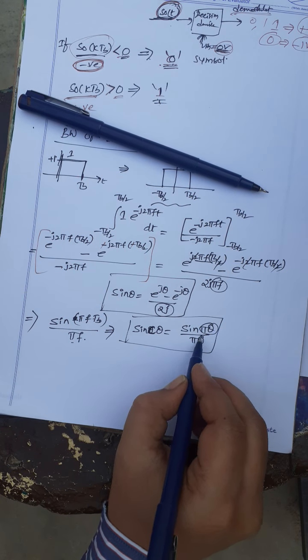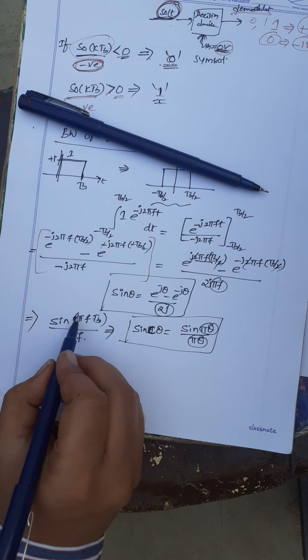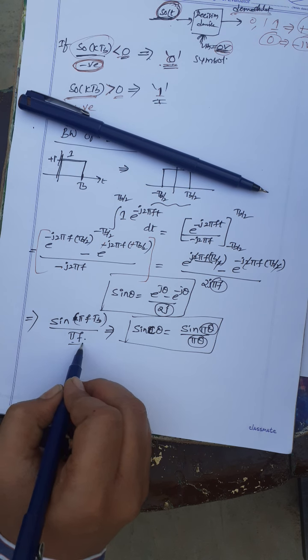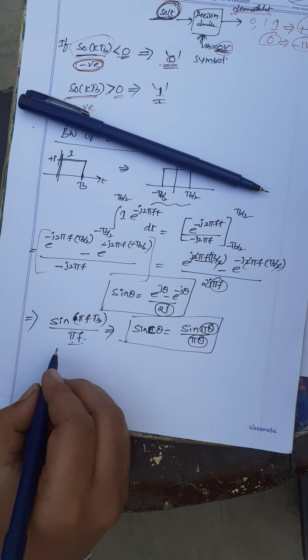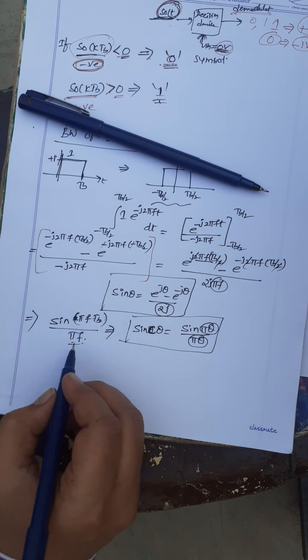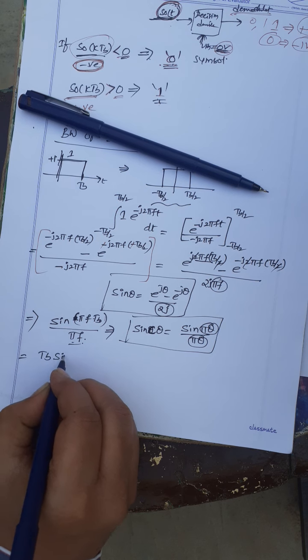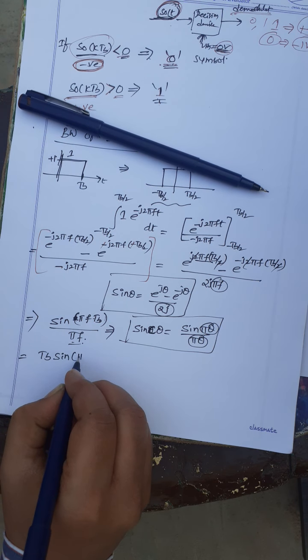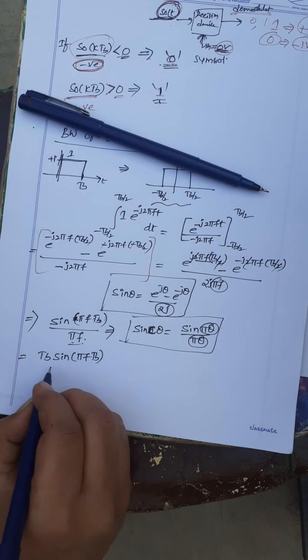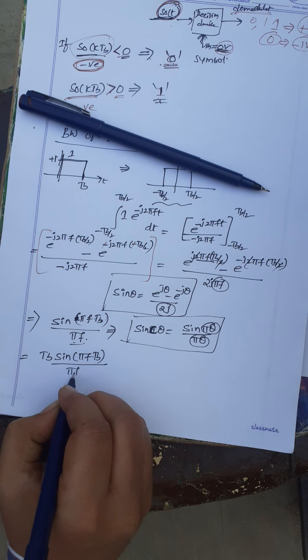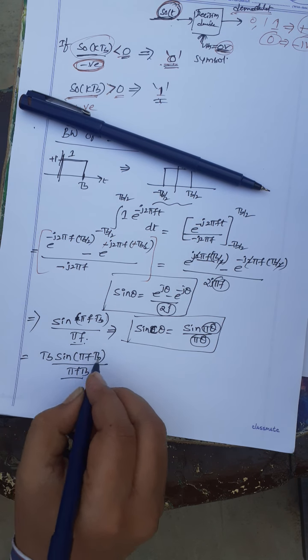This value and this value should be the same, but here this value is not the same as this one. So what I am doing is multiplying the numerator and denominator with Tb. So here Tb sin pi f Tb by pi f Tb. Now it becomes the same.